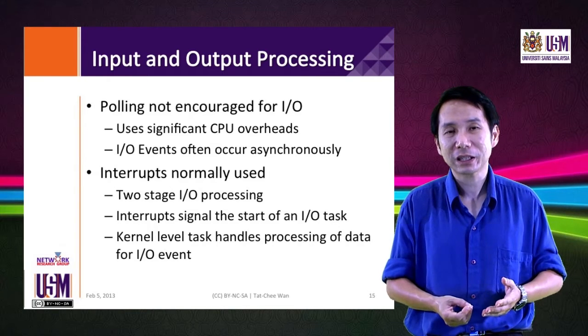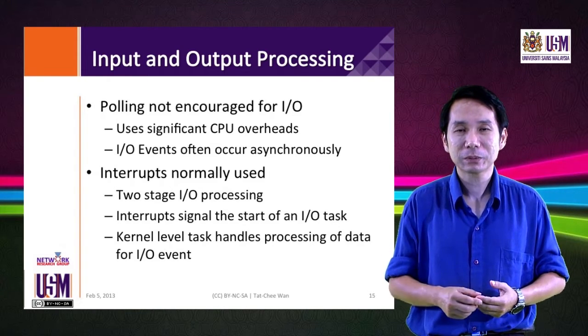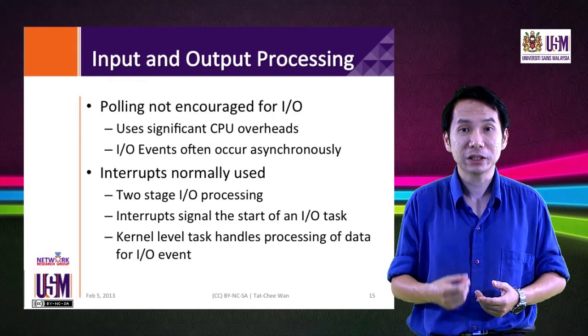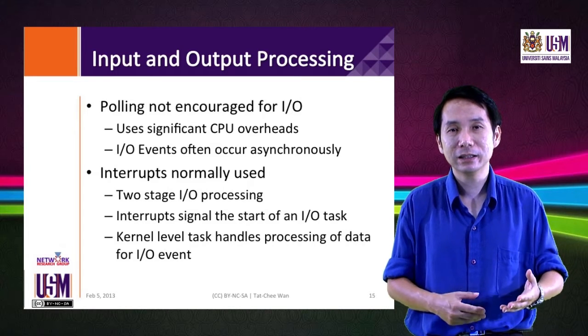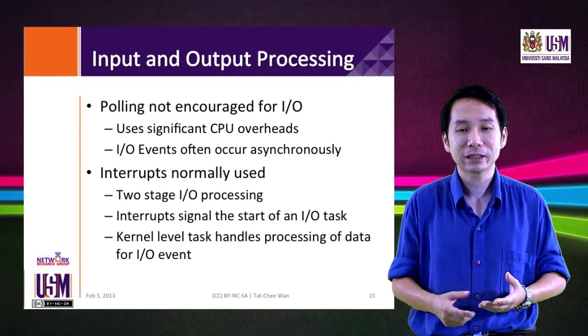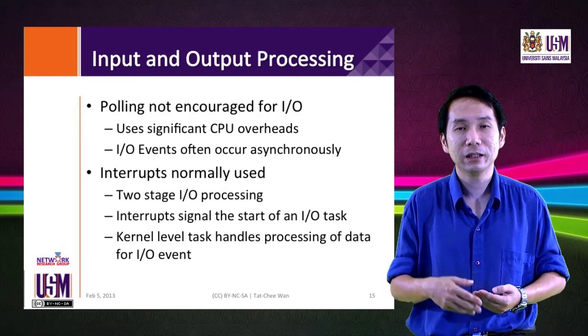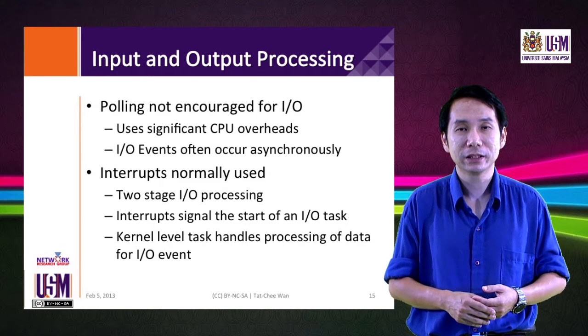So interrupts are normally used, and interrupts typically will be done in two stages. First, the interrupt will signal the start of an I/O task, and secondly, another task or kernel level task will handle the processing of the data that is due to the I/O event.